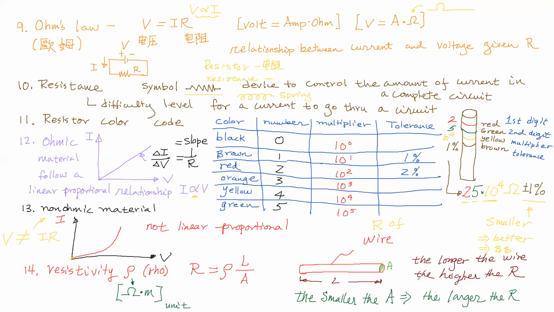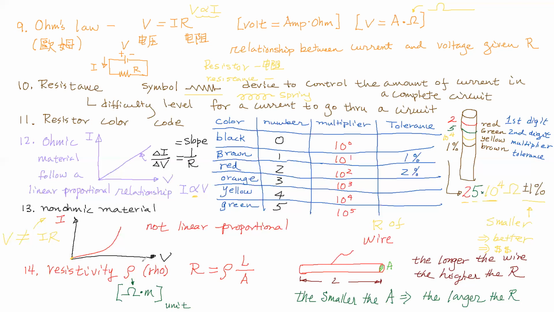The longer the wire, the higher the R. If you make this area smaller, then the current is harder to go through because it's too tiny. So the electrons have to fight with each other. So the smaller the A, the more difficulty to go through, so the larger the R.